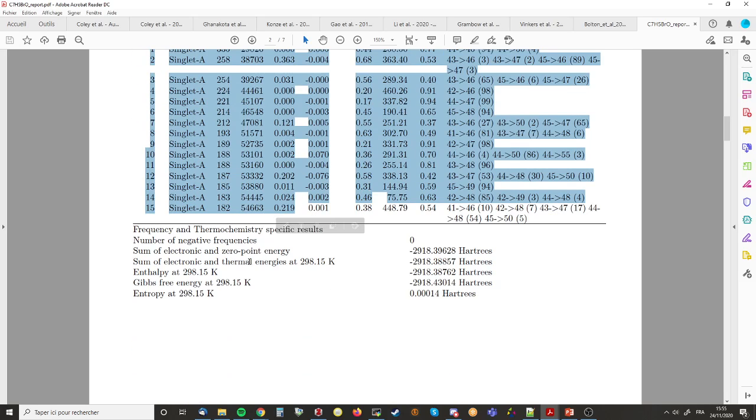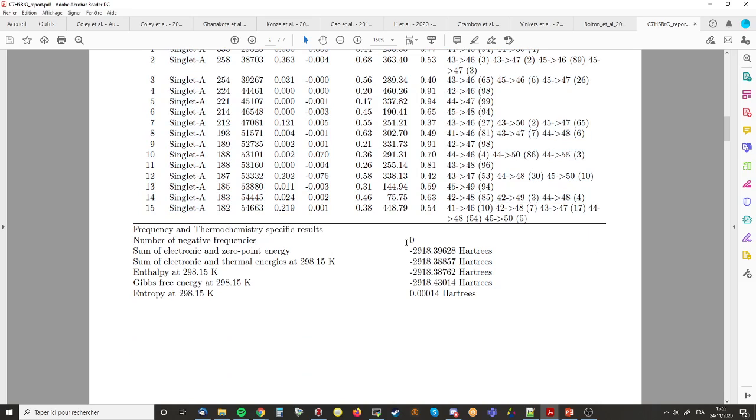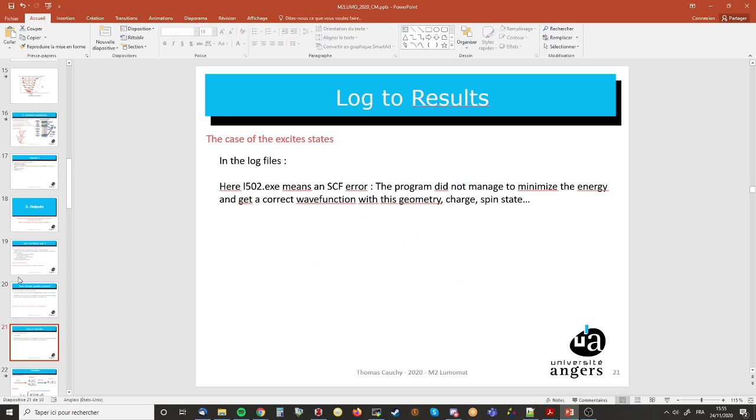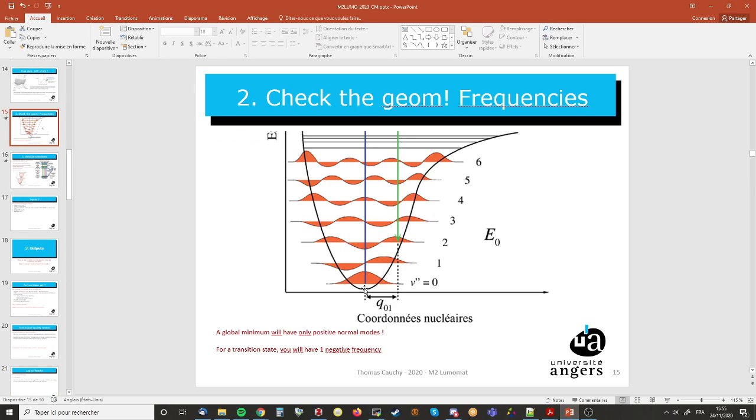But I want to finish with thermochemistry: number of negative frequencies, and the electronic and zero-point energy. So the zero-point energy is here. If you compare the total energy, the potential energy without vibrations, and you compare the energy of your first normal mode, vibrational states, this difference is called the zero-point energy.